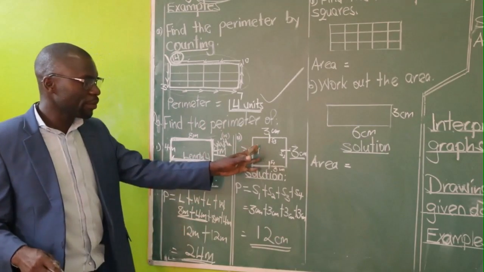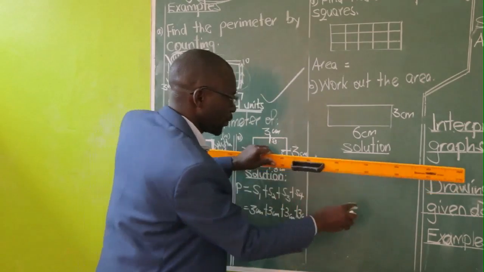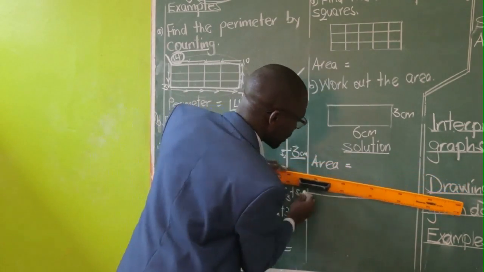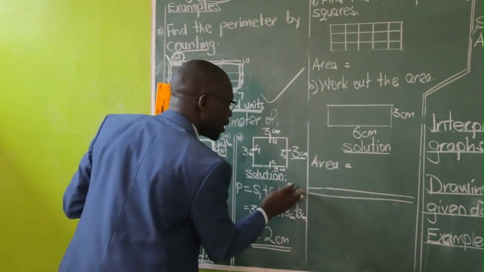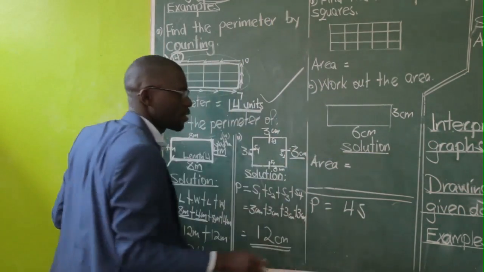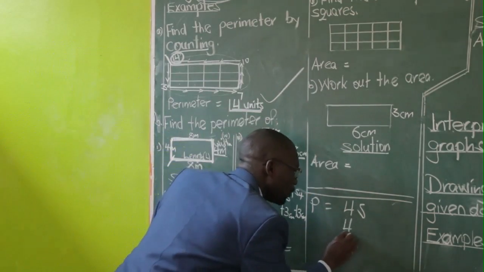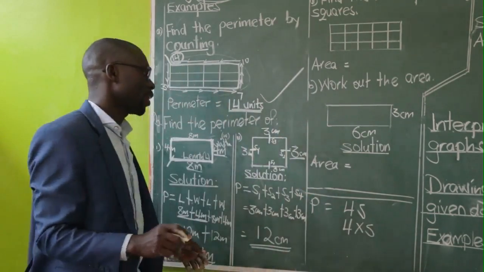Another way we can find the perimeter of this one, because all the sides are equal, we can simply say that the perimeter of a square equals 4 sides, 4s, which comes from 4 times s. Why?